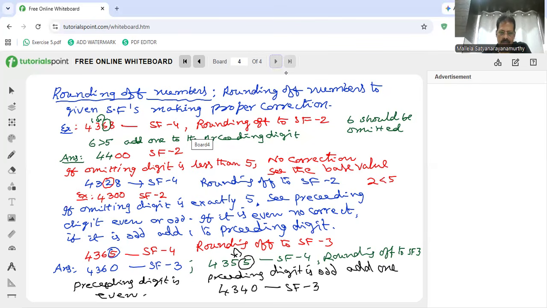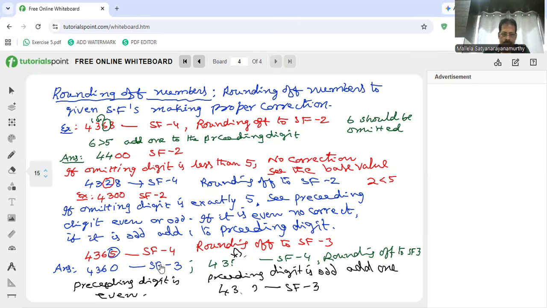You have to add 1 to 4, 3. If you add 1, it is 4360. So significant figure 3 only. Here it is exactly 5, and it is an odd number, so you have to add 1 to the preceding digit.